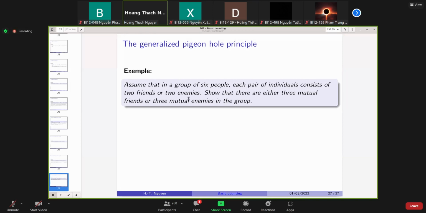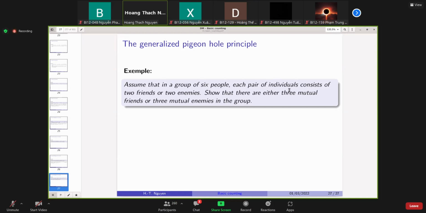So here you have a group of 6 people, and every 2 people are friends or enemies toward each other. Here you should note that the relation of friends or enemies is mutual. So if 2 people are friends, then they are friends towards each other.